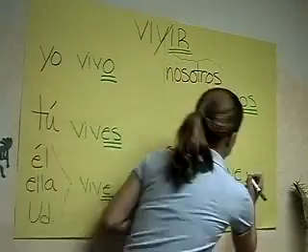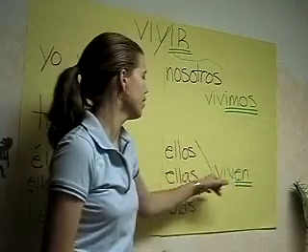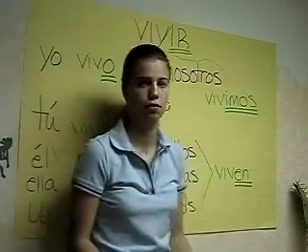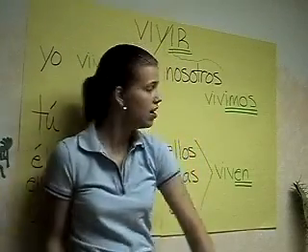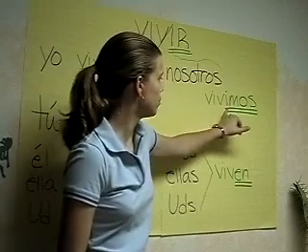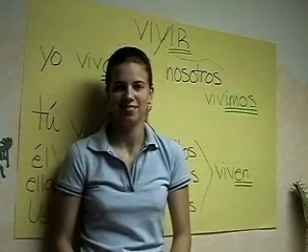An N. Muy bien. Viven. Ellos viven, ellas viven, ustedes viven. They live, you all live. So you notice, ER and IR verbs are very, very similar, except for the nosotros form, where that I in the IR verbs comes down. And that's it. That's easy.